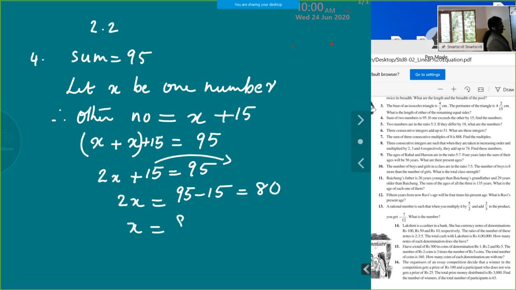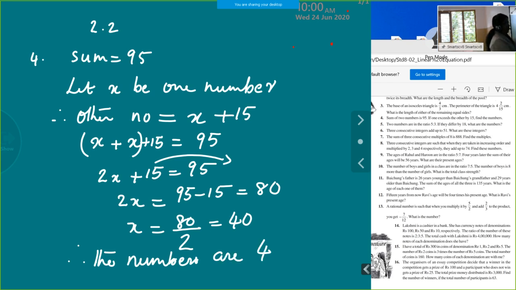So x is 80 by 2, that is 40. This is the x value we are getting. So you have to write, therefore, the two numbers are 40 and 40 plus 15, 55. This is the answer.